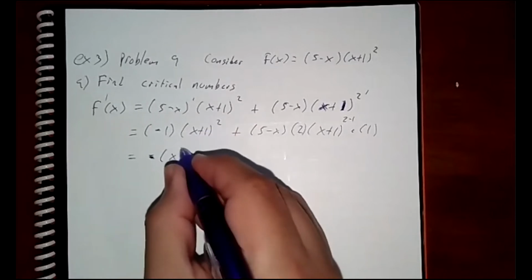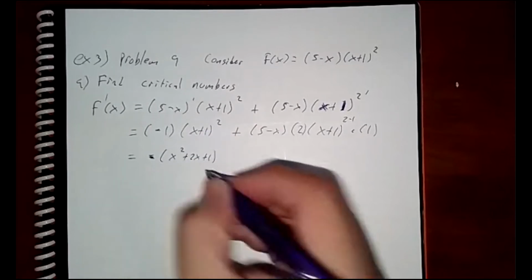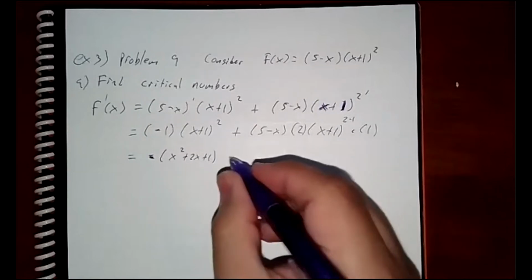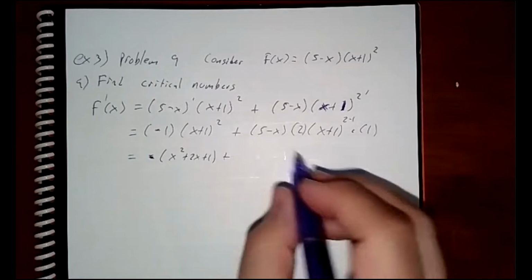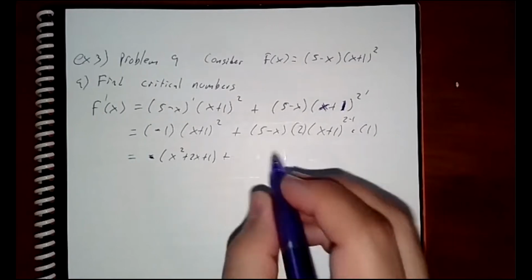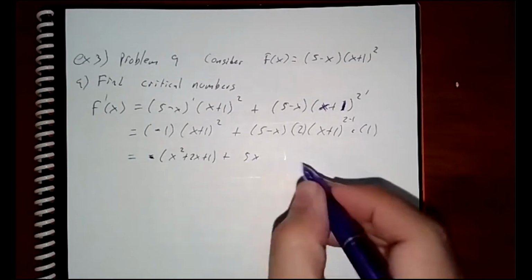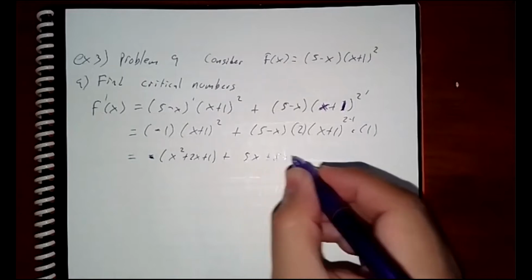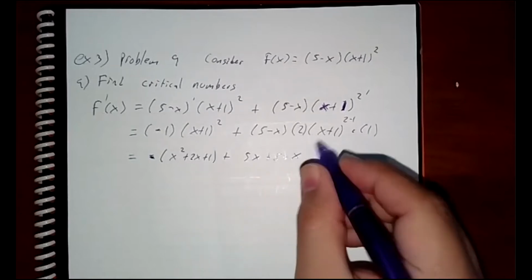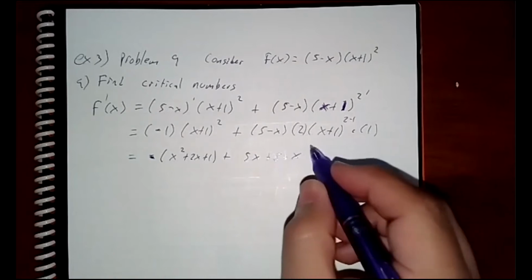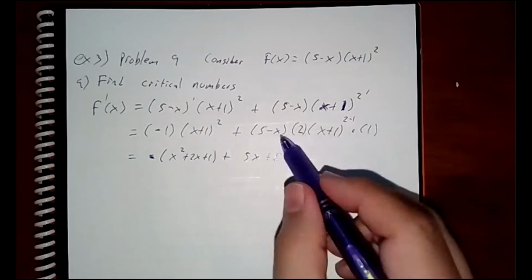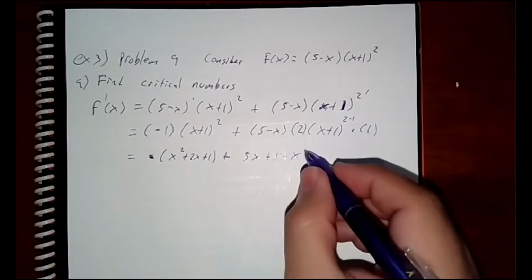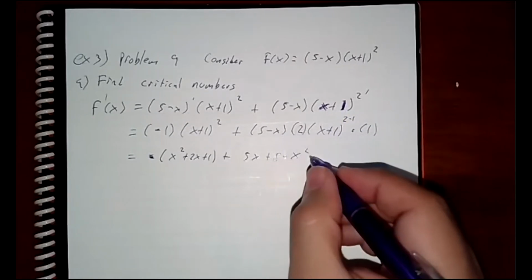That would be x squared plus 2x plus 1 plus 5x plus 5 minus x. Shoot, 5x plus 5 minus x, minus x. There we go.